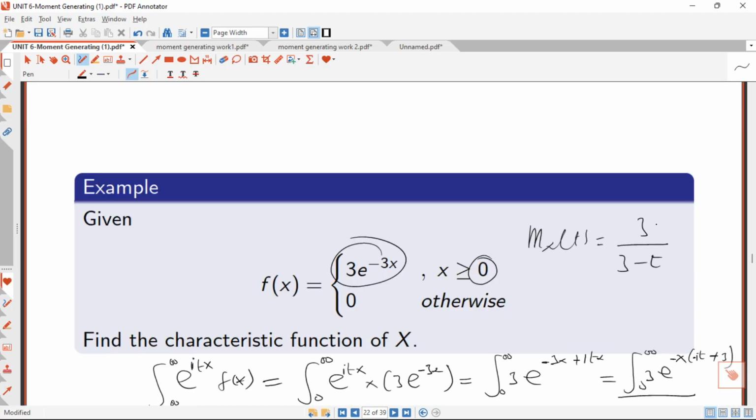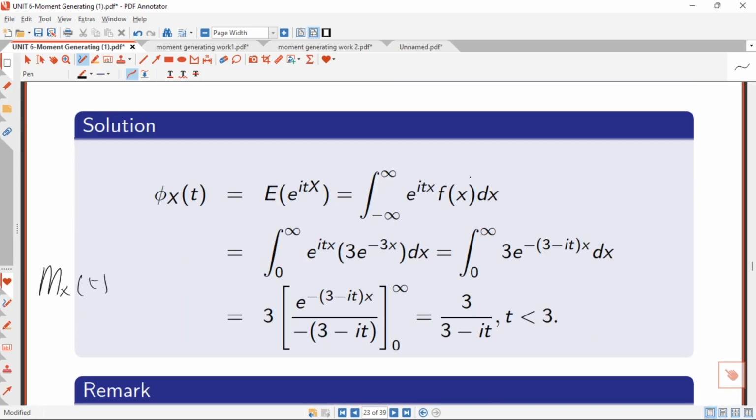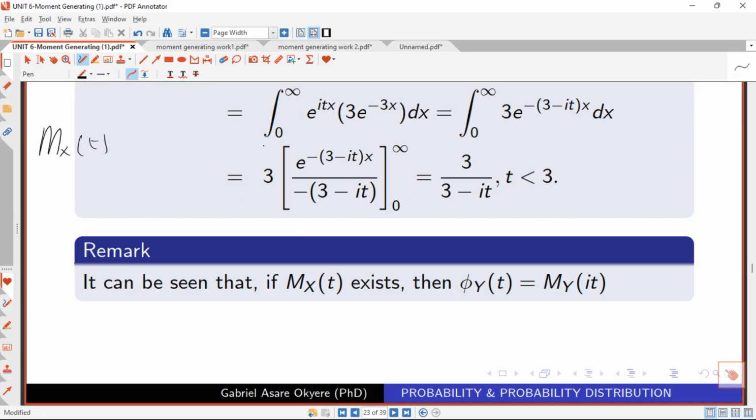So if you have this moment generating function and you have been asked to calculate the characteristics function, the theorem is telling you that there is no need to calculate the characteristics function from scratch. All that you have to do is substitute it wherever you see t, so you are going to get 3 over 3 minus it. That will give us our characteristics function. So that is what the theorem is trying to help us understand.